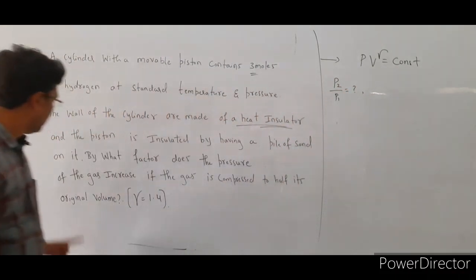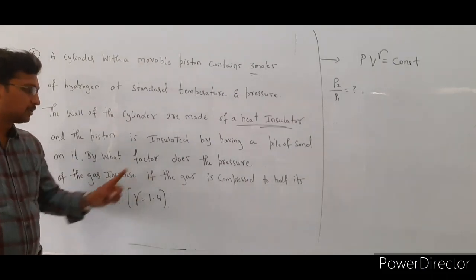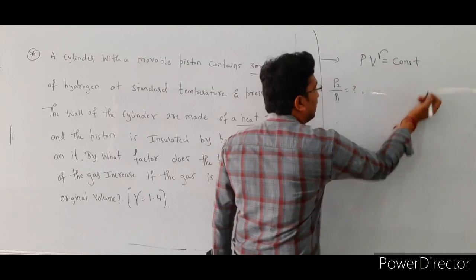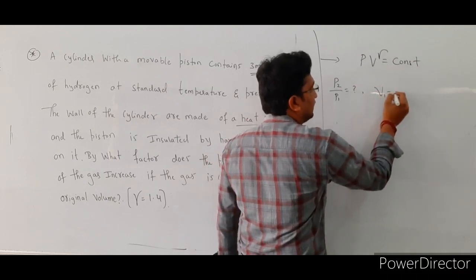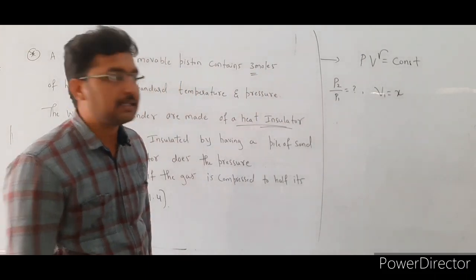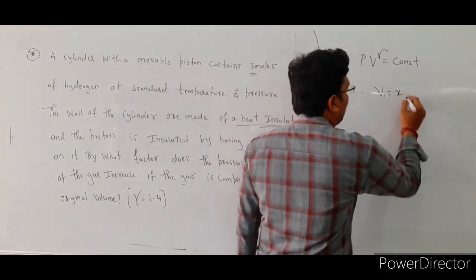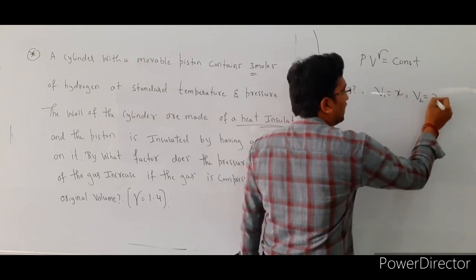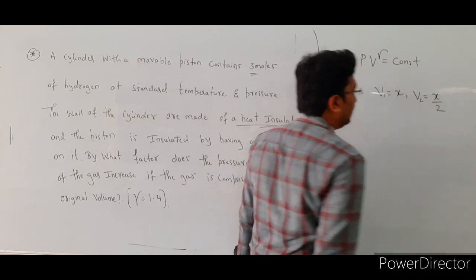If the gas is compressed to half of its original volume, let us assume that the initial volume of the gas is x. So after compression the final volume becomes half of its original volume, that means x by 2.